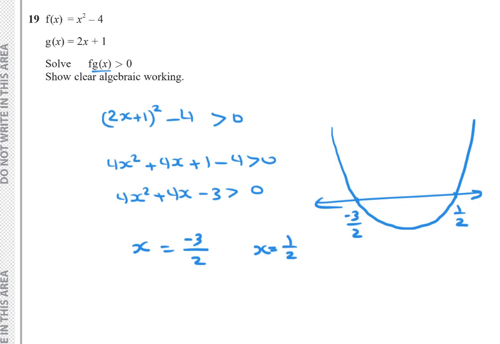Above x-axis, this means x more than half or less than negative 3 over 2. So x more than half or x less than negative 3 over 2. Or use the rule, if it is more, so greater than the greater and smaller than the smaller.